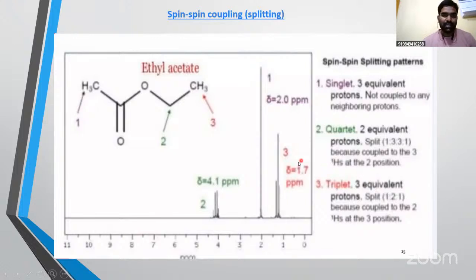The third one is a triplet, three equivalent protons split into 1:2:1, because they are coupled to two hydrogens at the three positions. This is the spin-spin coupling splitting.